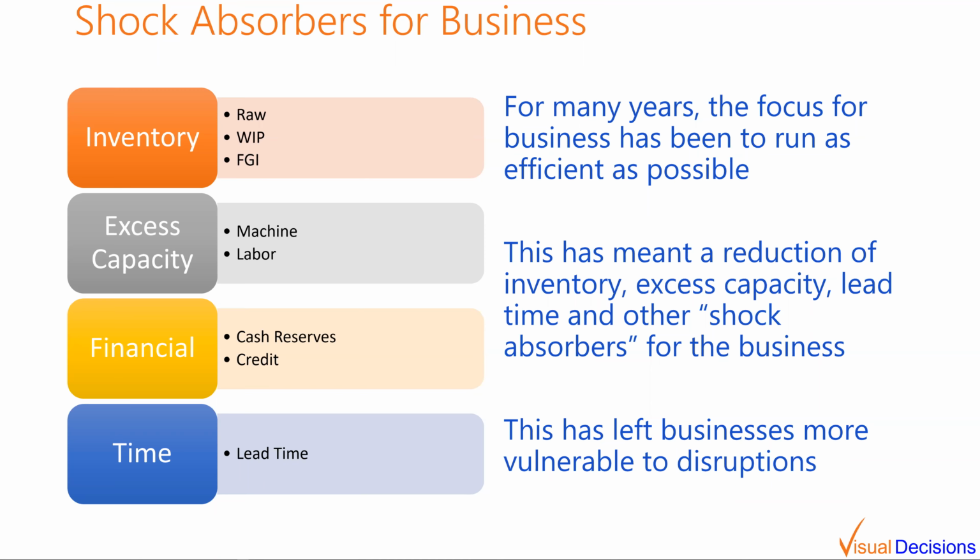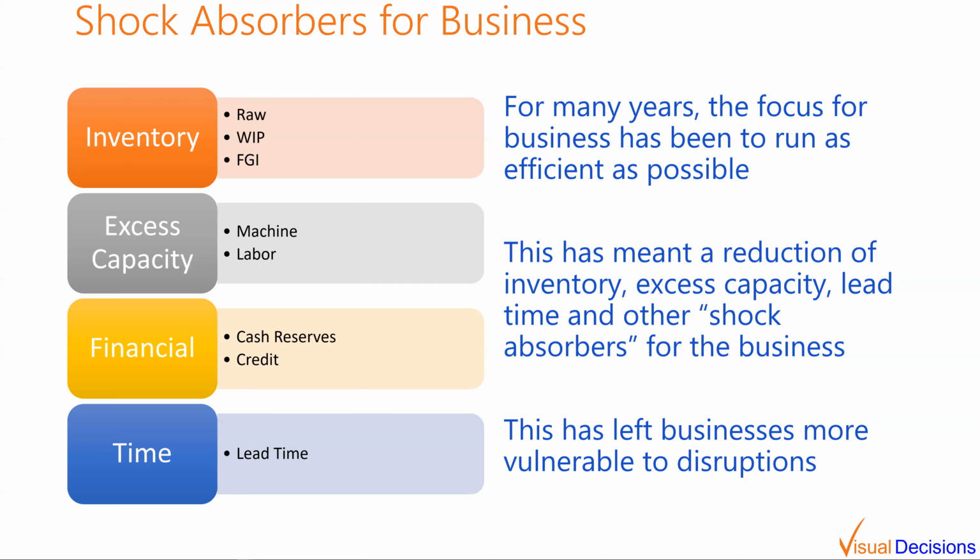Another way that you can look at that is if you have excess capacity within your business, so that if you have that surge in demand, you have the ability to produce those extra goods, both from a machine point of view as well as from a labor point of view. And if you need to change over from one product to another product because of a disruption or a change in demand or something like that, you have that ability to make that change because you have that excess capacity there.